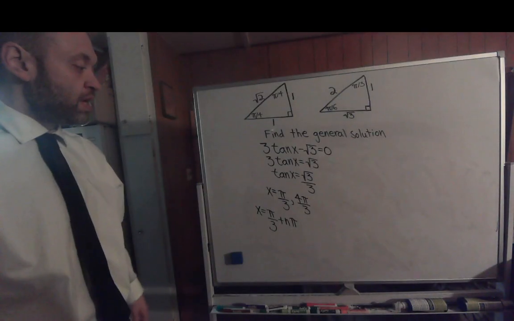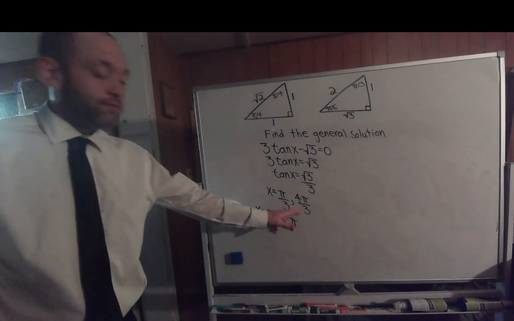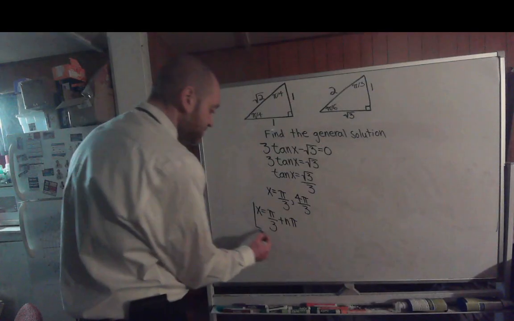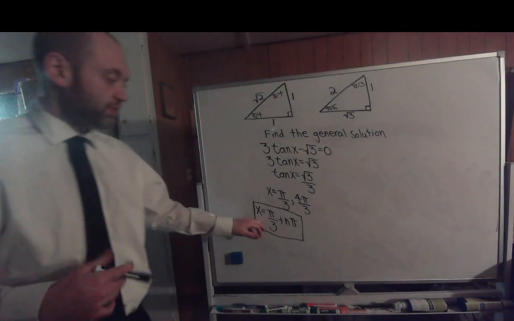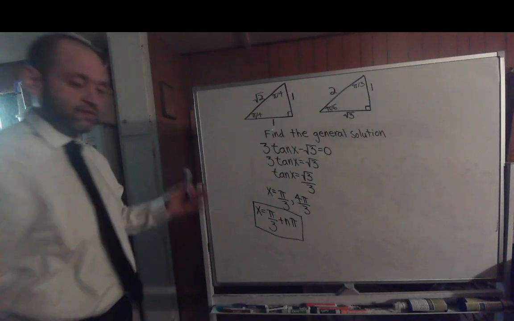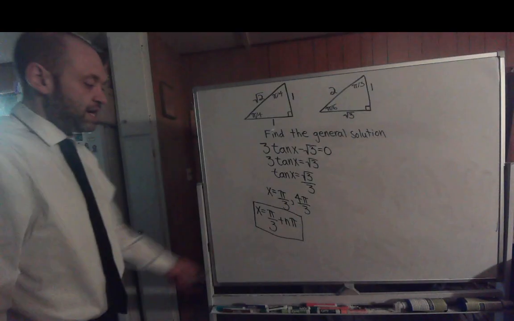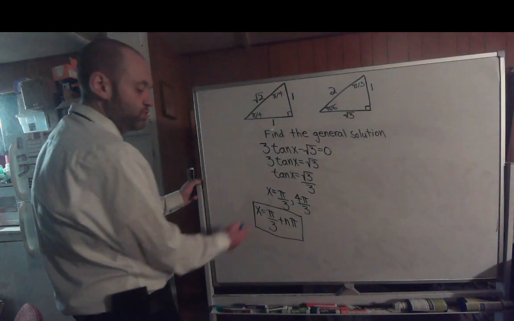So the 4 pi over 3, actually if you add pi, you'll be at 4 pi over 3. So there's no need to even list the 4 pi over 3. So that x equals pi over 3 plus n pi will account for all solutions, negative infinity to infinity. So you can list your solution like that.